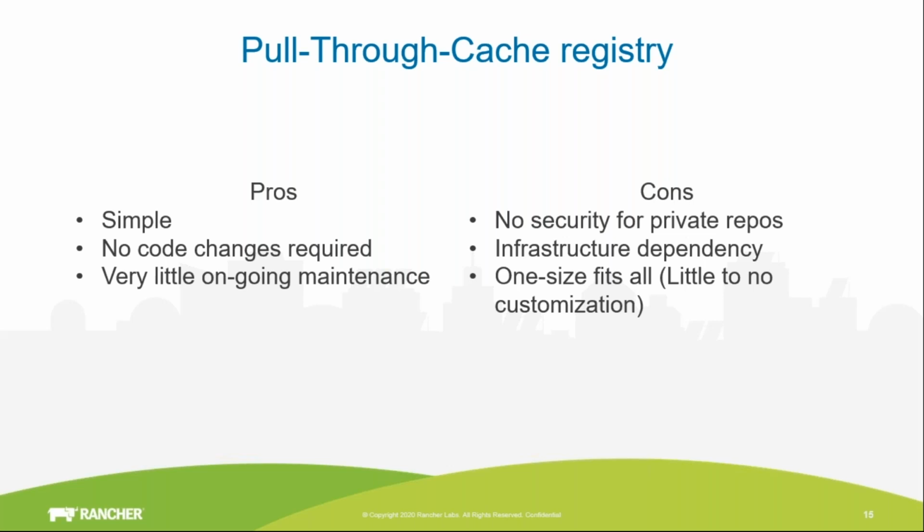The con, and this is where you need to talk with your security team, is that we are doing a man-in-the-middle attack on your Docker container, basically your Docker engine. This tool allows you to pull not only from Docker Hub, but Google's registry, ECR, and even other private registries.